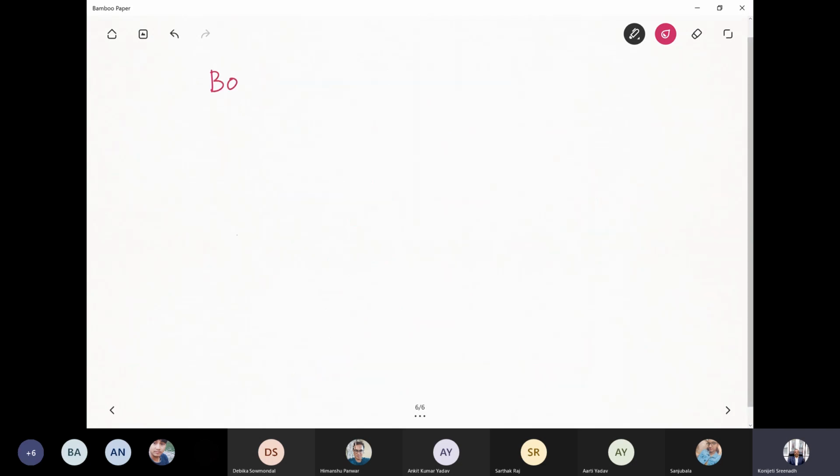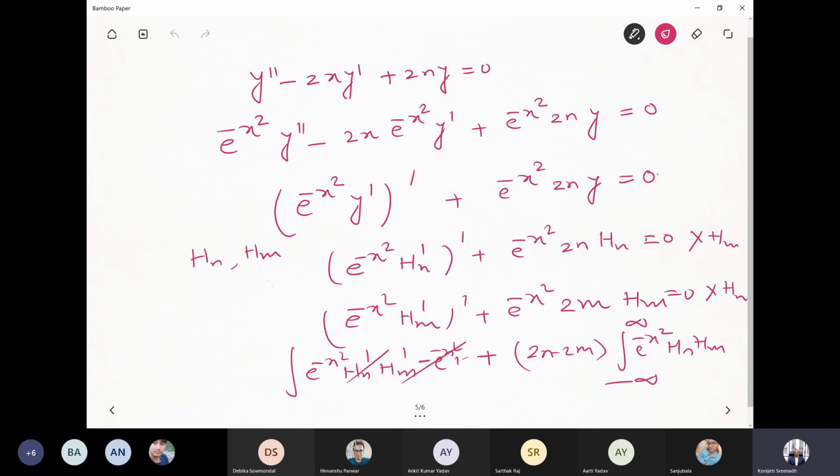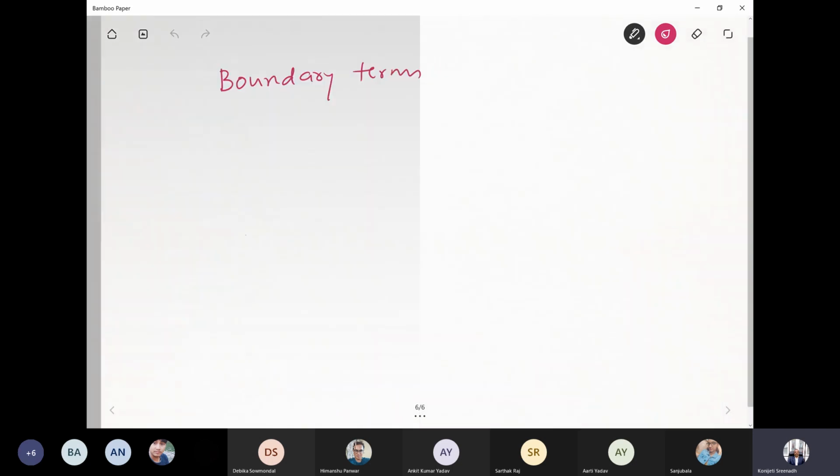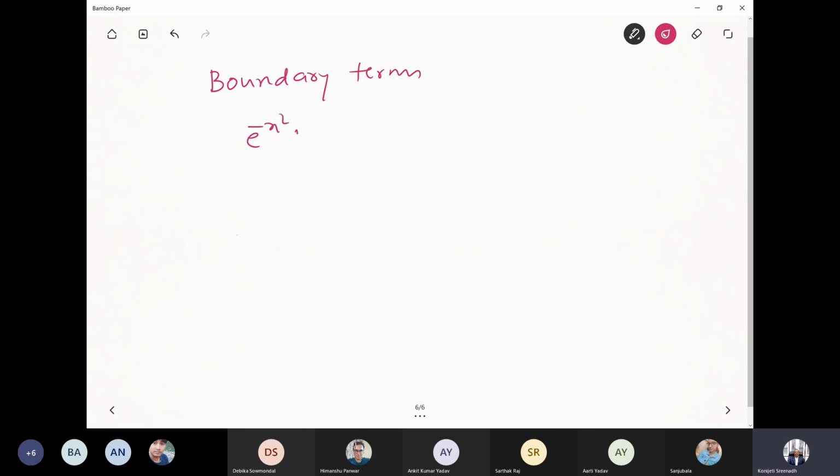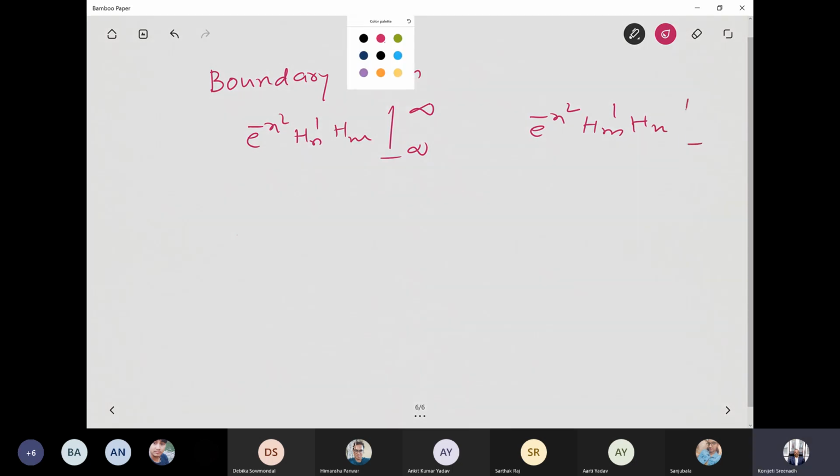The boundary terms on the left hand side look like e power minus x squared Hn prime Hm from minus infinity to infinity. This is one term. The other one is the same thing, Hm prime Hn from minus infinity to infinity.